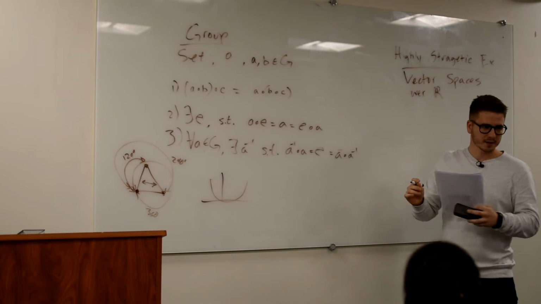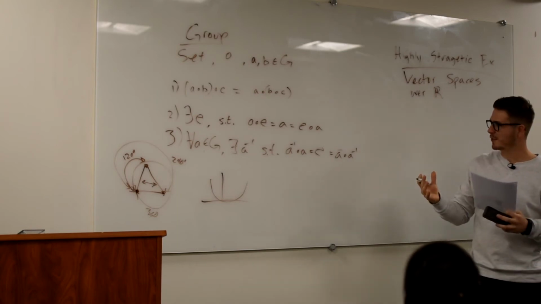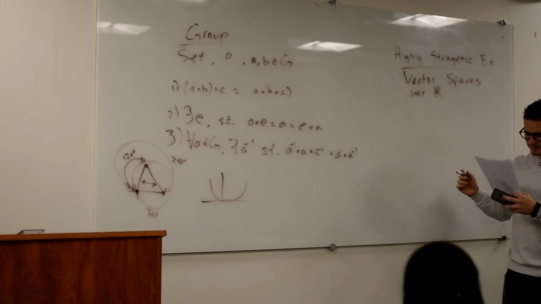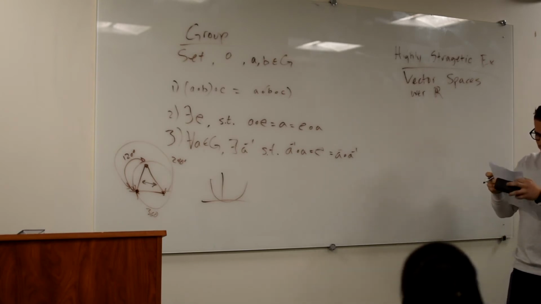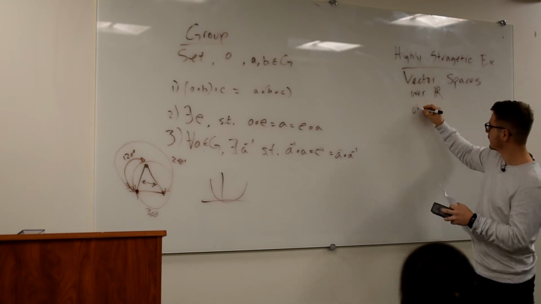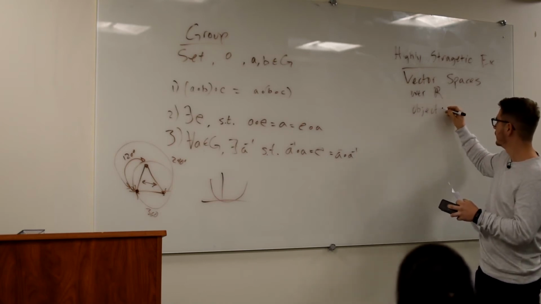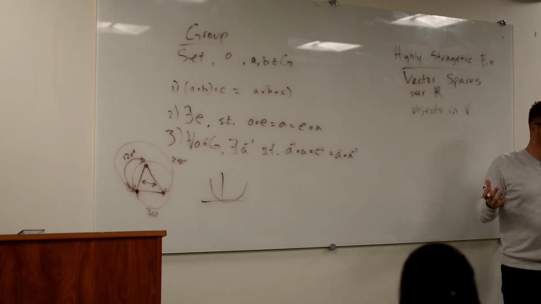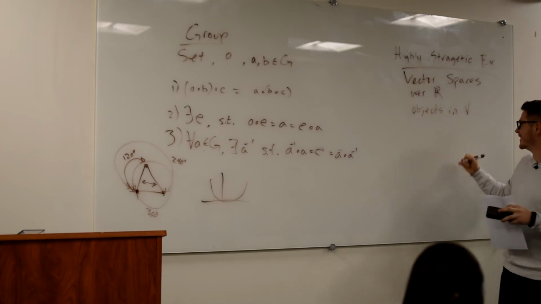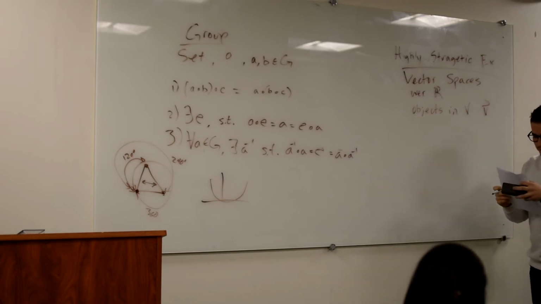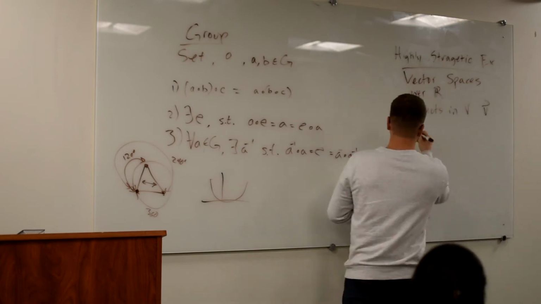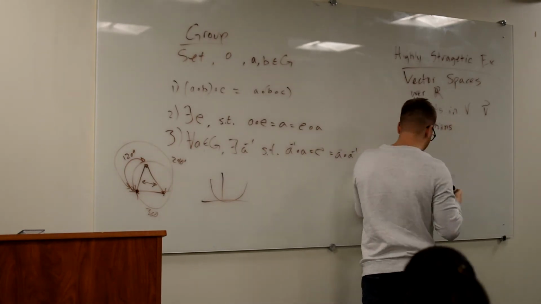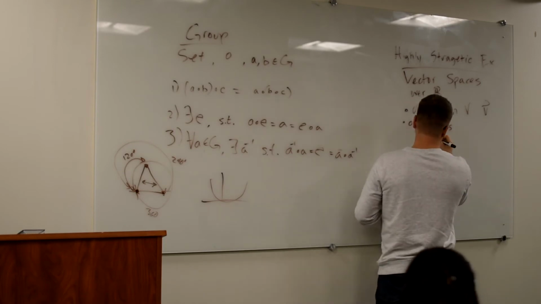So we have objects in this space. Oh, I shouldn't have erased the definition of, or never mind. OK. So the objects in our vector space, does anyone know what they are? Vectors. Little vectors. And then the operations, this is actually not as straightforward. So we have addition with vectors.